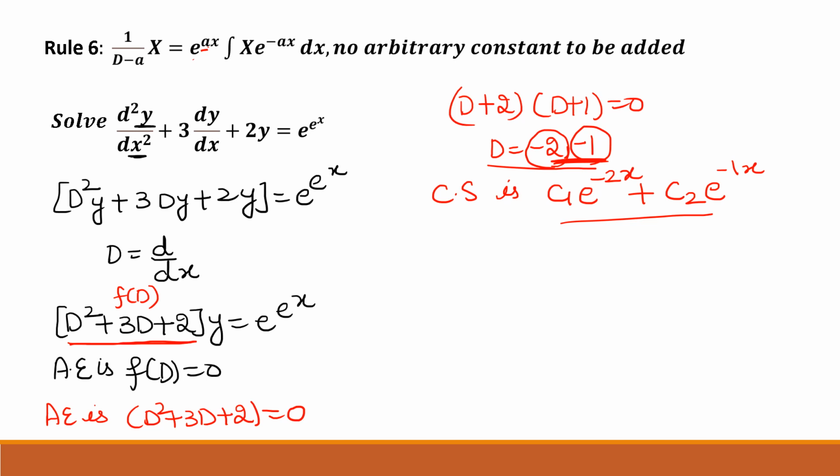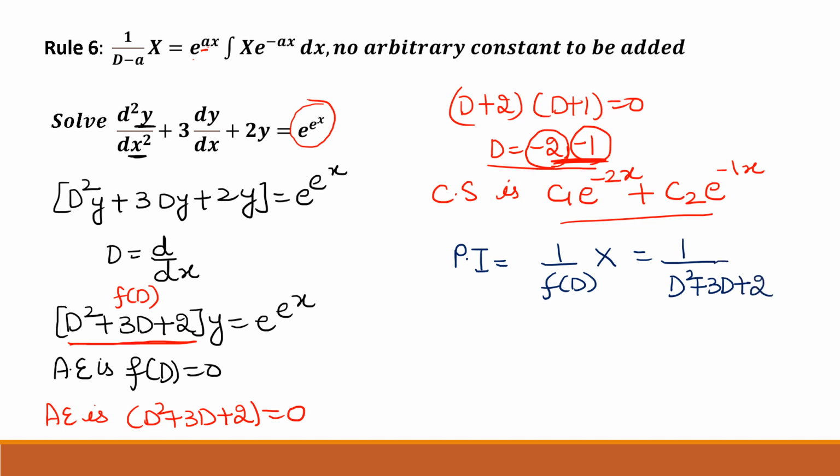But because this is a non-homogeneous differential equation, as we are having capital X equal to e power x, we have to calculate the particular integral also. Now how will we get the particular integral? So particular integral is 1 over f of D capital X. Now what is my f of D? That is D square plus 3D plus 2 and e power x, right?